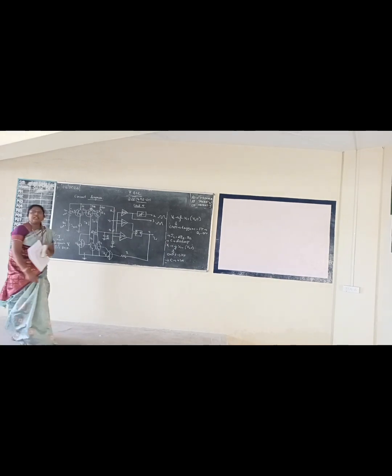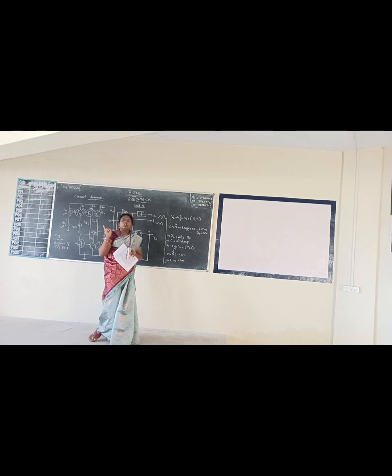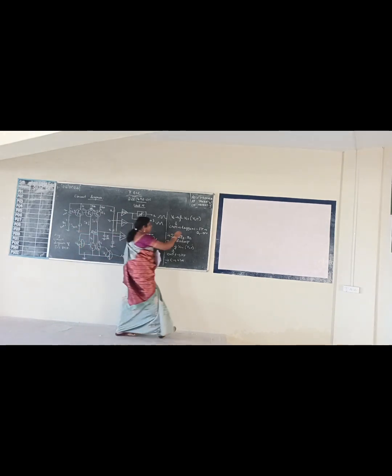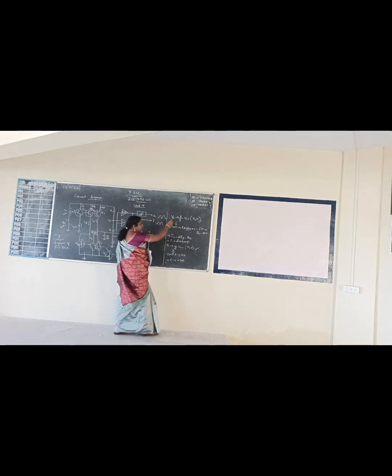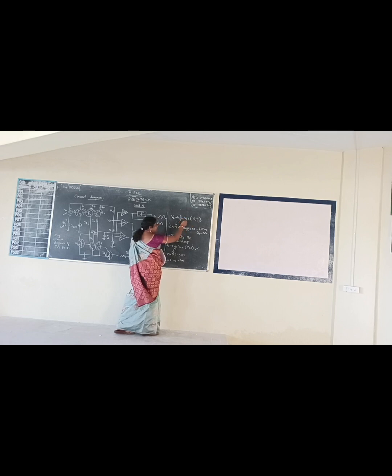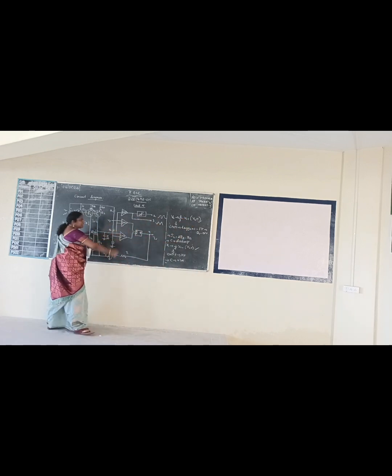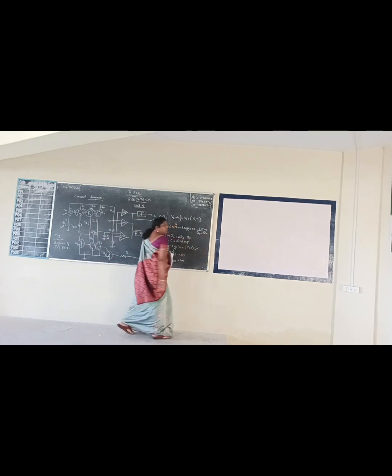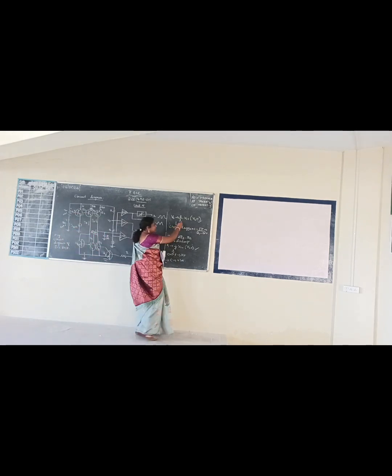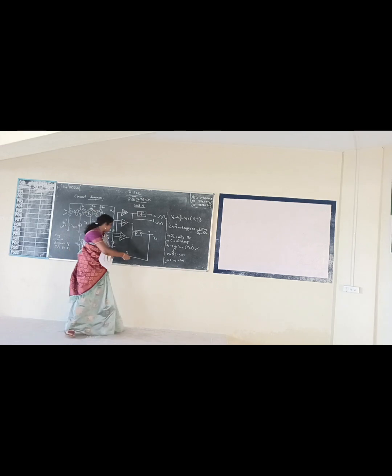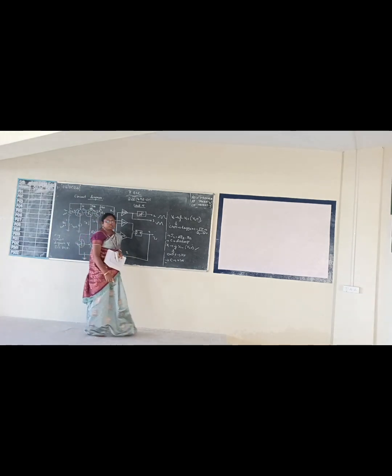So we have two voltage levels, an upper threshold and a lower threshold. When the capacitor voltage reaches the upper threshold value, that is 2 by 3 of VCC, comparator 1 triggers and clears the flip-flop, and due to this the transistor Q7 goes off.